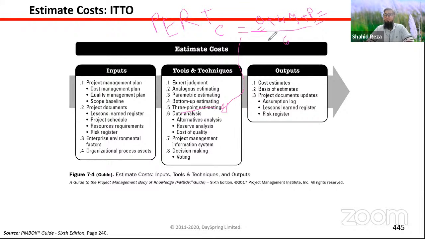Adding up the costs and dividing by 6, the value we get is the 3-point estimation. In the exam, you will get 3-4 questions from these tools. It can come from the time chapter or schedule chapter, and also from the cost chapter. So these are the main tools that we can use to estimate cost for each activity.